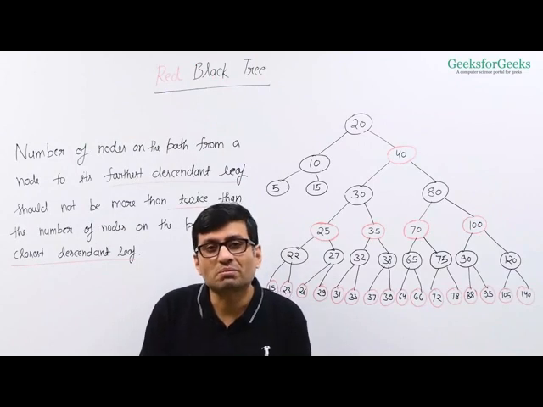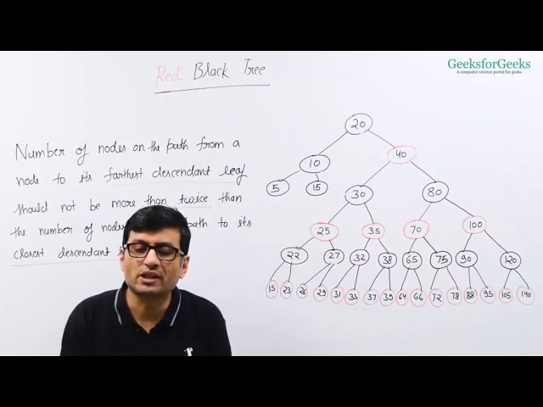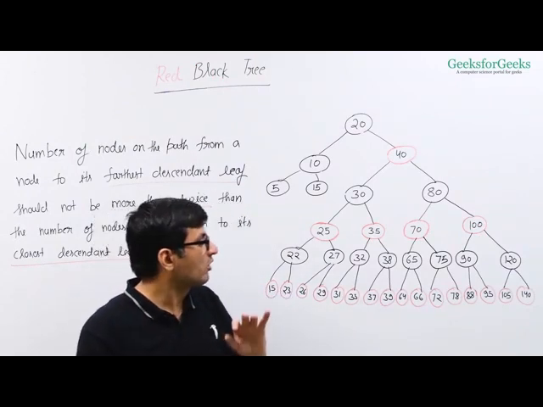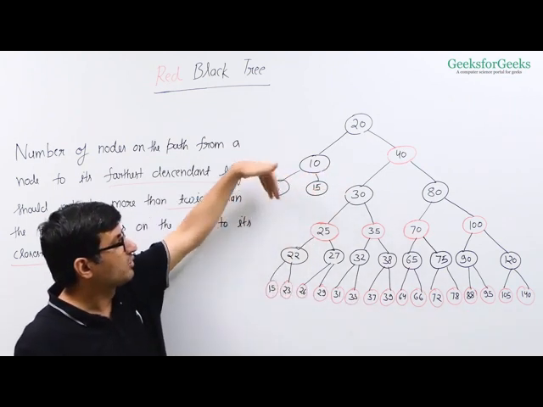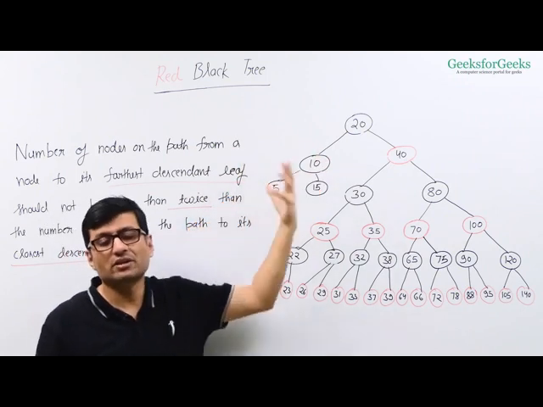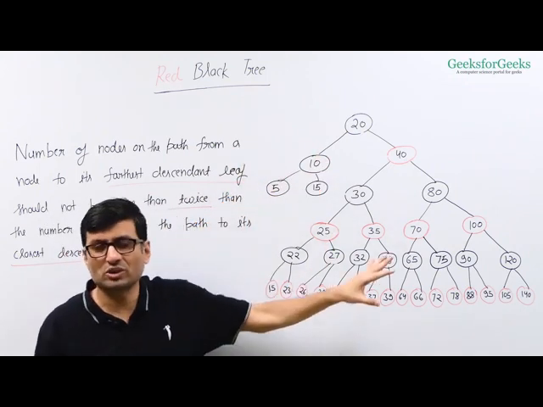Here is one more example of maximum unbalanced red-black tree. We cannot add anything to this side. However, we can add more red nodes to this side. That will make it even more balanced. So this is maximum unbalanced.